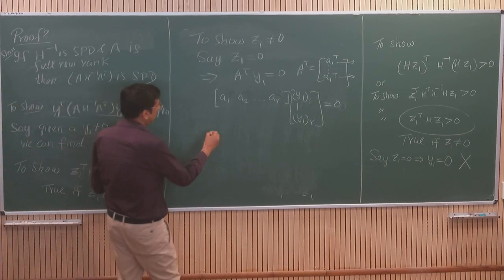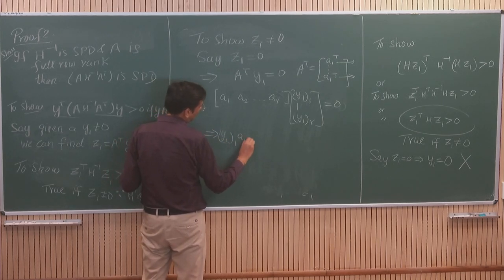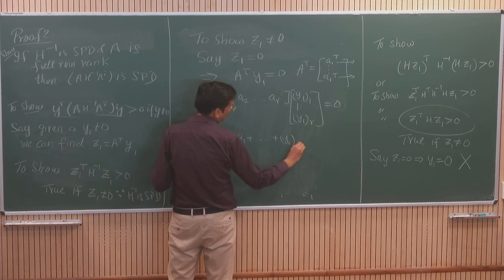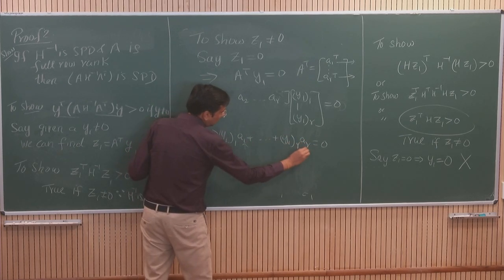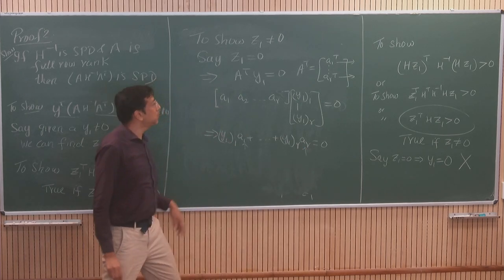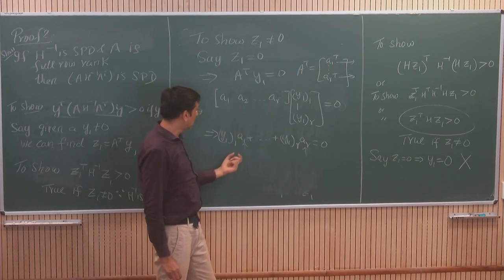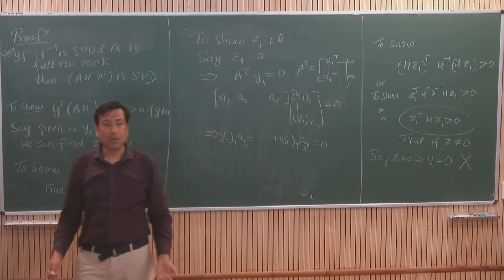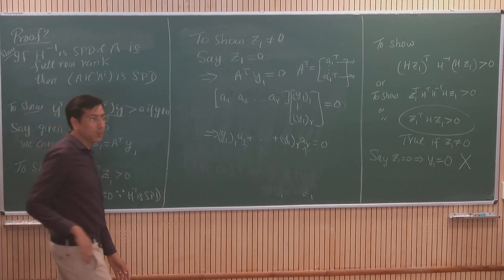Now this would imply that Y1 first element A1 plus all the way till Y1 rth element AR is equal to 0. We know that A is full row rank, which means that these vectors are linearly independent. The sum of linearly independent vectors being equal to 0 implies that the constants in front of them are 0.